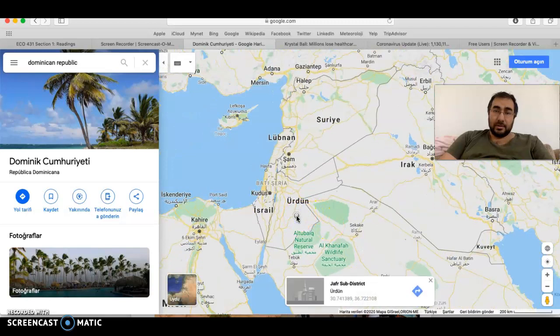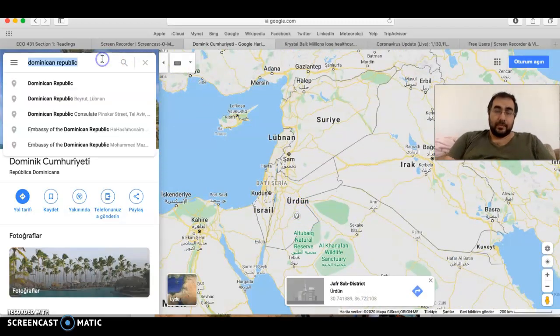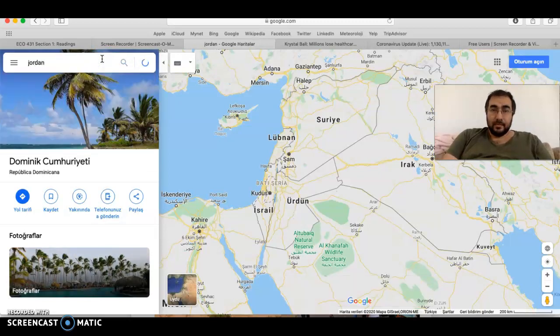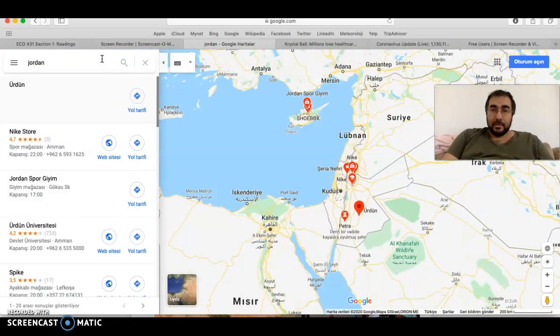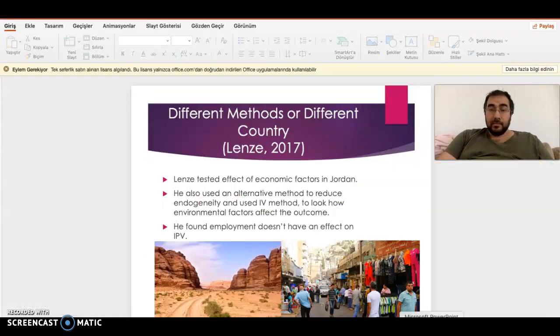This is Jordan. Yes, this is Jordan. It kind of looks like the Wild West also, actually, especially these sandstones. And it also looks to some extent maybe like Turkish markets.